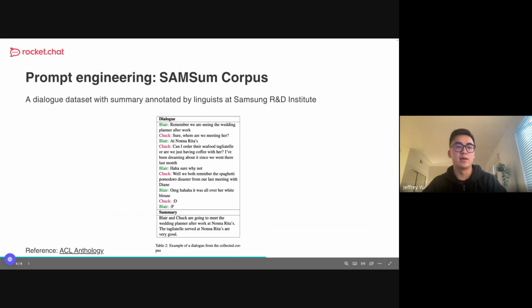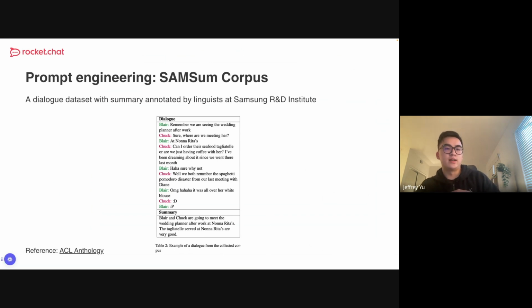So that was our demo, and now I'm going to share one essential part of building this app, which is prompt engineering. We want to make sure that even with hundreds of messages, the LLM is able to give a concise summary in a few words. And the first thing I looked at is how humans summarize dialogues.